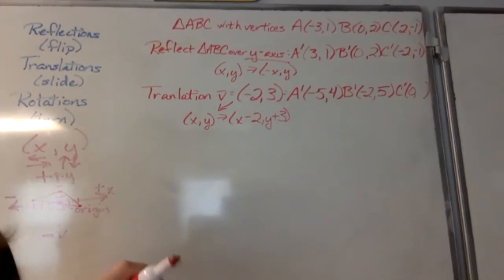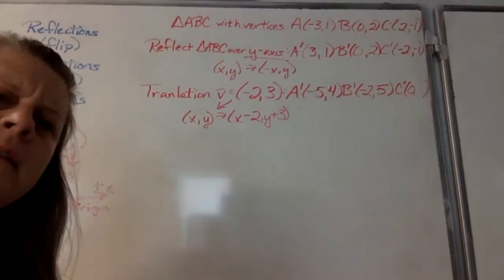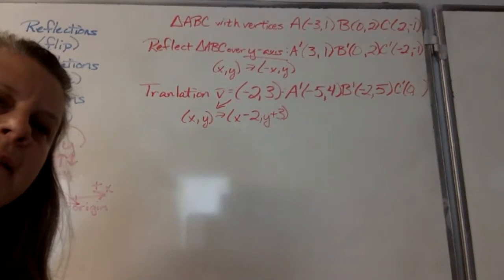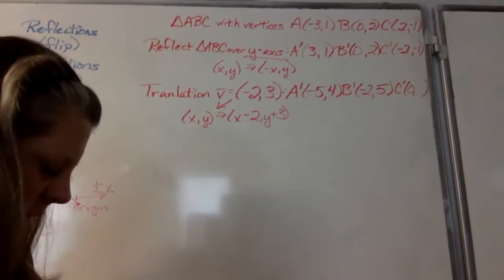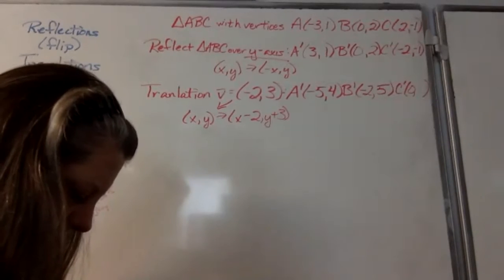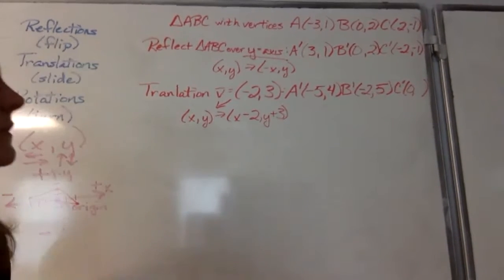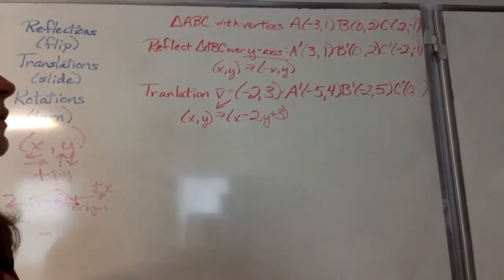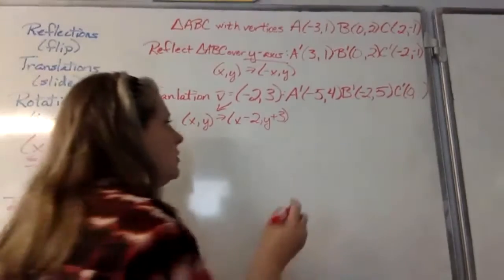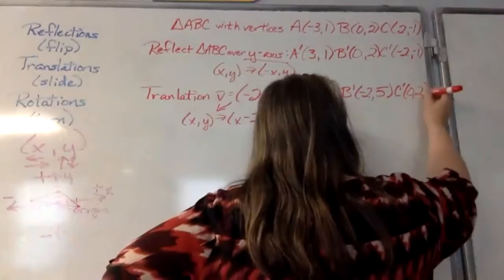You divide them? No. When you're adding a negative and a positive, you subtract and take the sign of the one farther from 0. So 3 minus 1 is 2. 3 is farther from 0, so it's a positive 2.